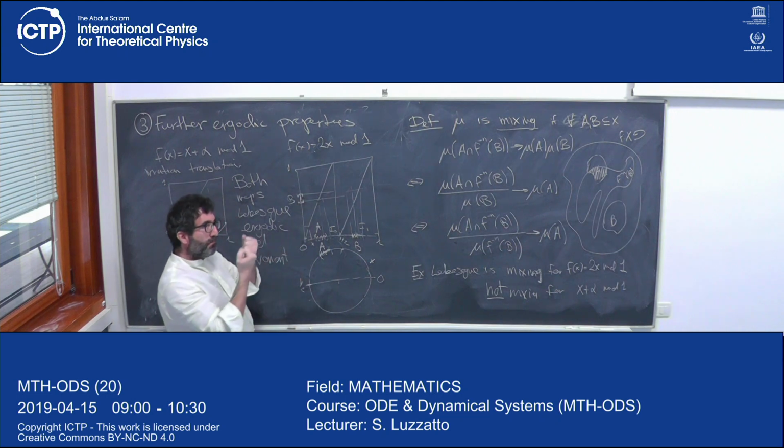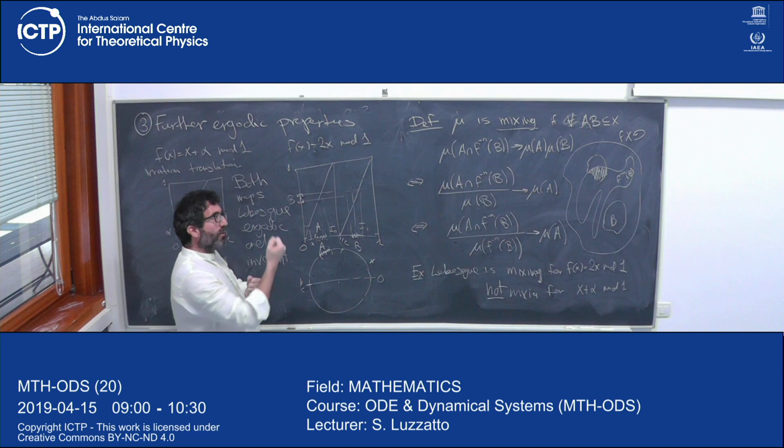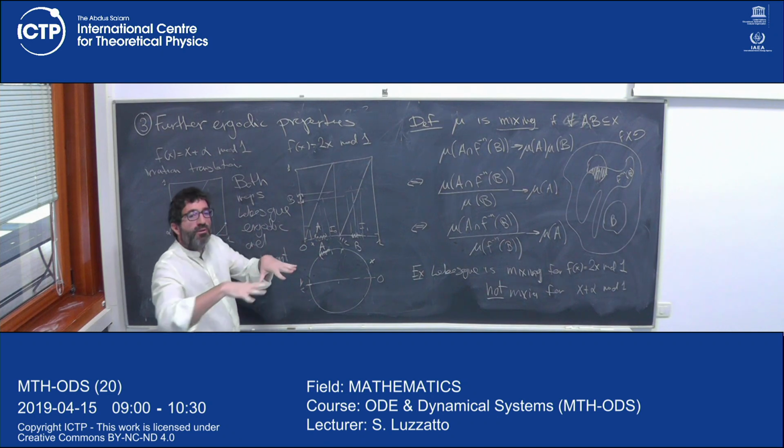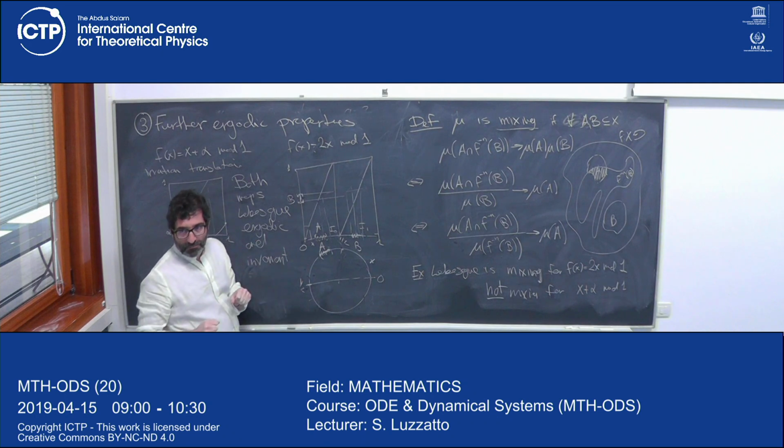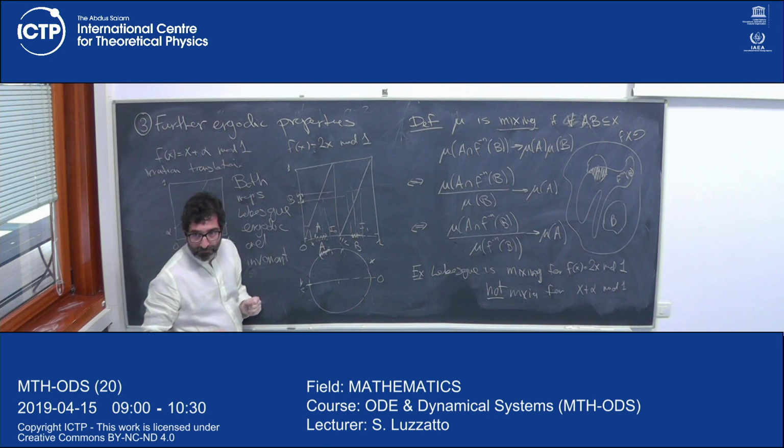As you take the pre-images of B, really what mixing is saying is that the pre-images of the set are uniformly distributed in space. That's what this mixing is trying to say. Okay?